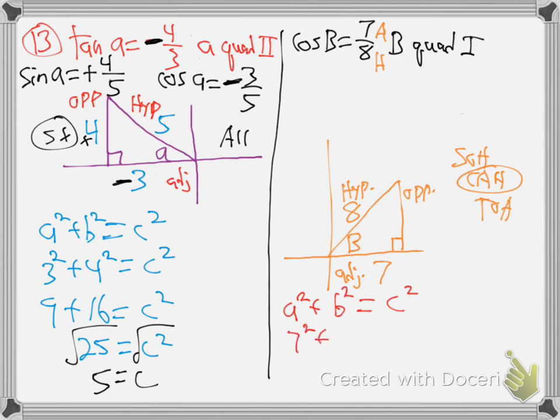So 7 squared plus b squared is 8 squared. So that's going to be 49 plus b squared is 64. And then solve for b there. Subtract the 49 from both sides.